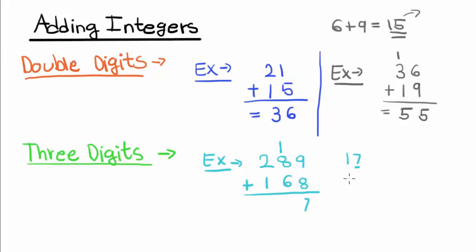Again, I write down 15 in this corner over here, and I realize that the units place is the 5, so I write down 5 underneath the 8, the 6, and the 1, and I carry over the 1 onto my next set of digits. And then finally, I add up 2, the 1, and the 1 together to give me 4. And so my answer is 457.